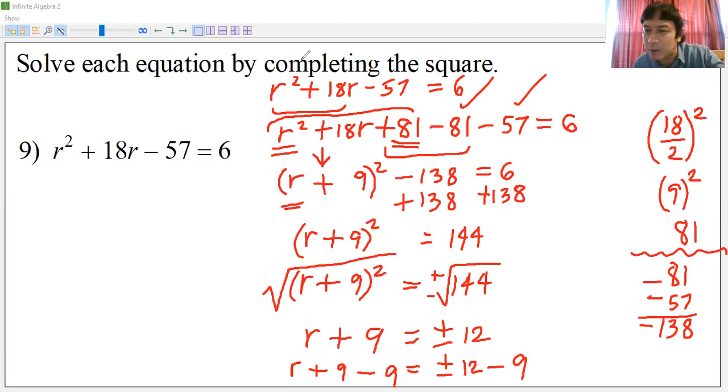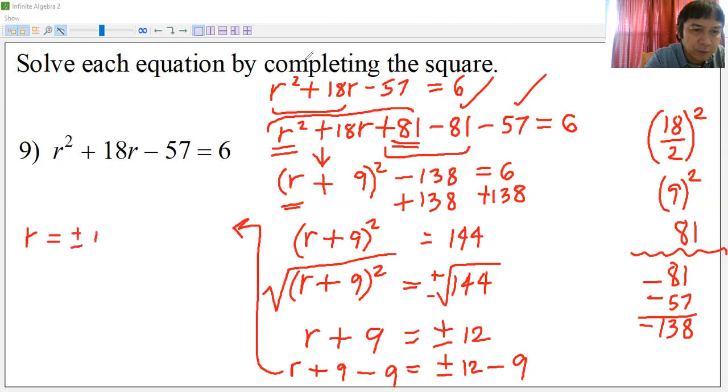Let us continue over here. The left side is now just r. And that equates to plus or minus 12 minus 9.